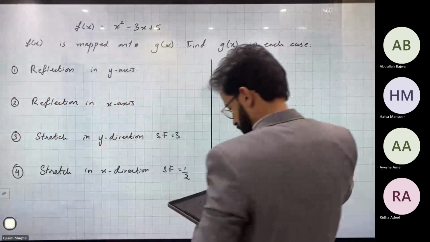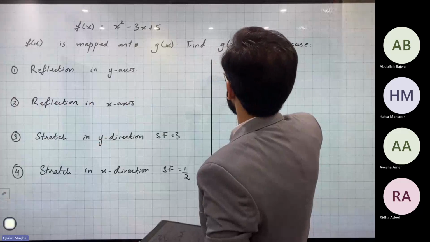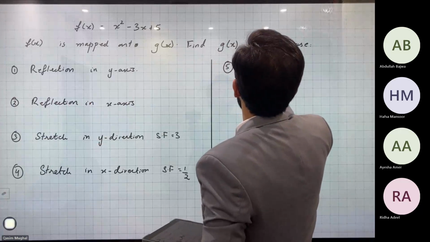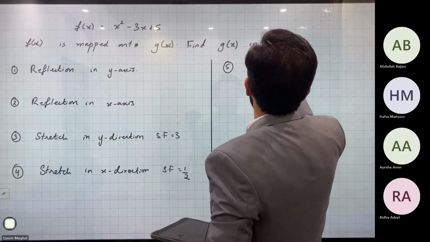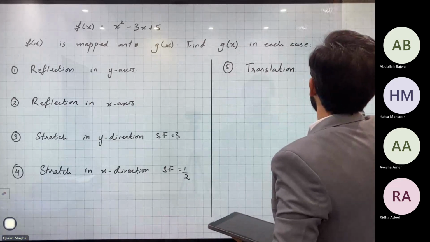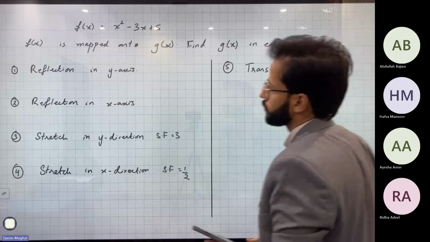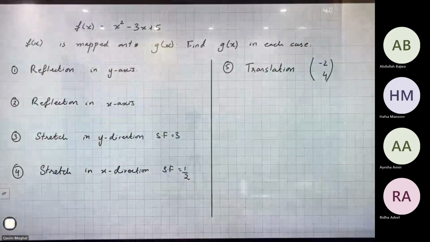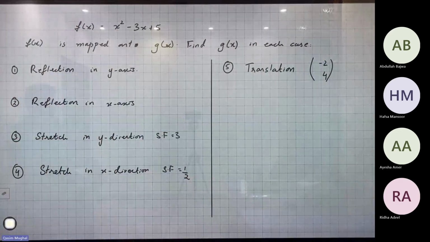Finally, translation -2, 4. थोड़ा सा recap भी हो जाएगा.